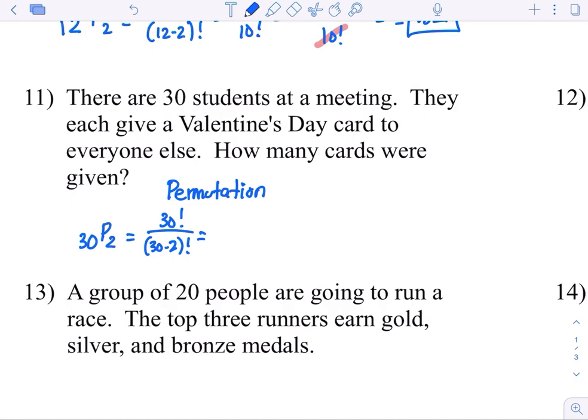So once you give it, that's considered 2 people. Factorial over 28 factorial, these cancel. So we have 870.